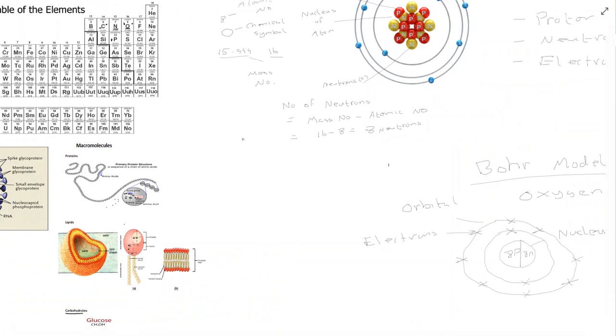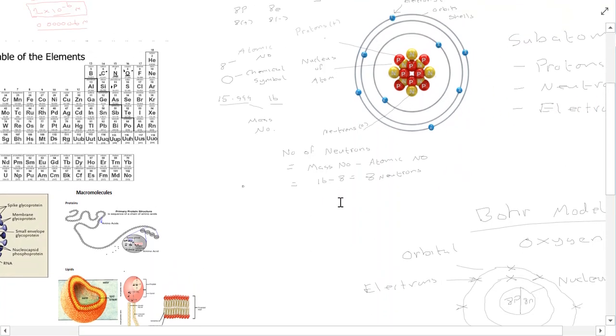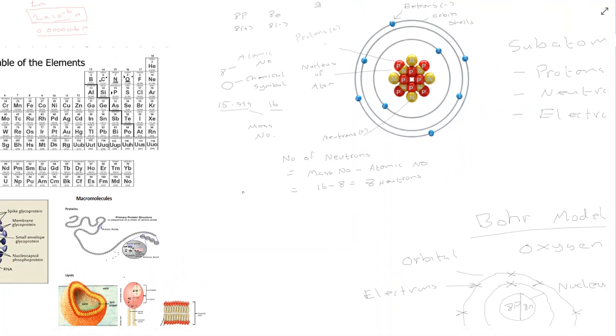Now, when you look at the atom, the majority of the atom is just empty space. Nearly over 97% of the atom is what we call empty space. The rest of it is made up of these subatomic particles.